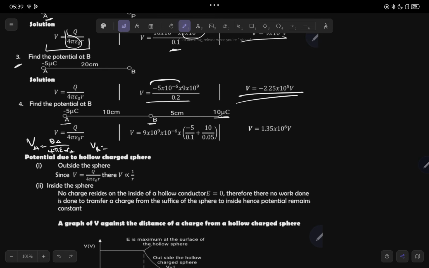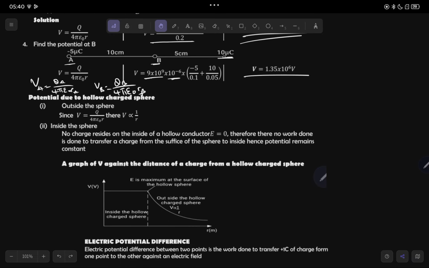The same thing with VB, QB over 4 pi epsilon naught RB. Now when we add these two, we realize that 1 over 4 pi epsilon naught is common, so we pull it out. And since each of the charges also has a micro, which is 10 to the negative 6, it has also been pulled out. What has remained inside the brackets, we have worked it out, and the answer is 1.35 times 10 to the 6 volts. Make sure that you do this step by step so that you can follow very well.